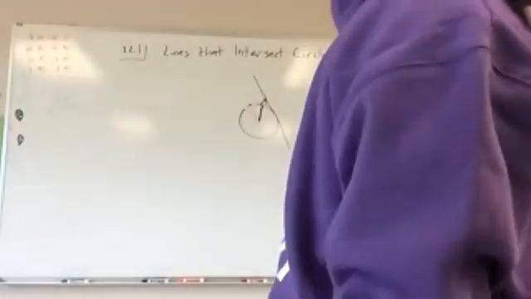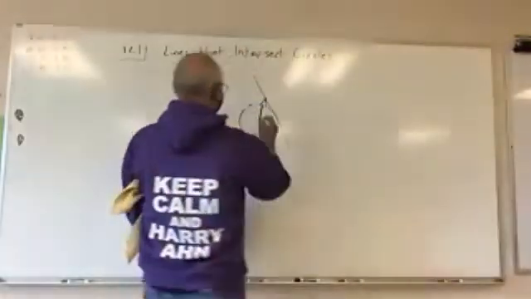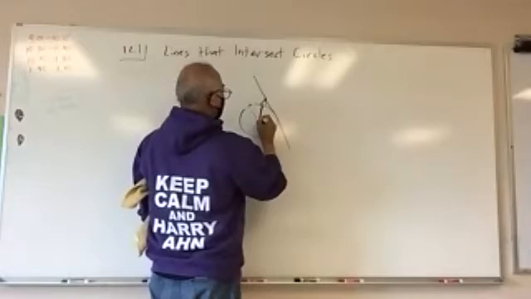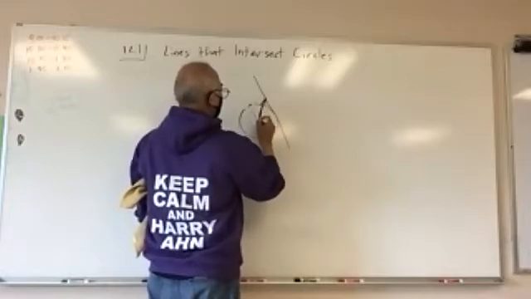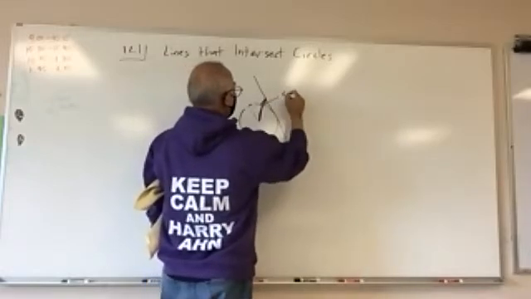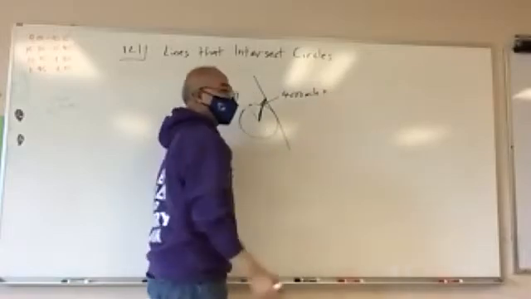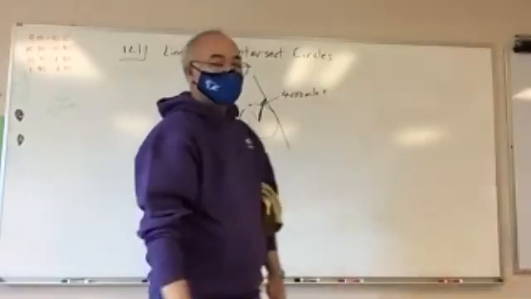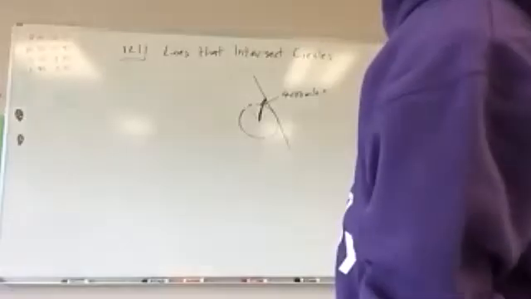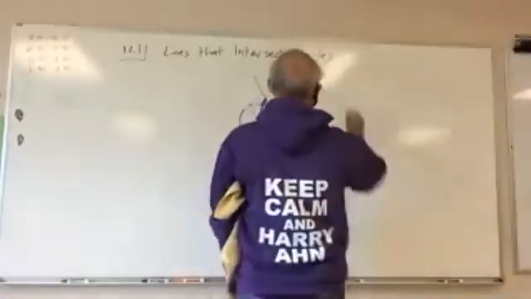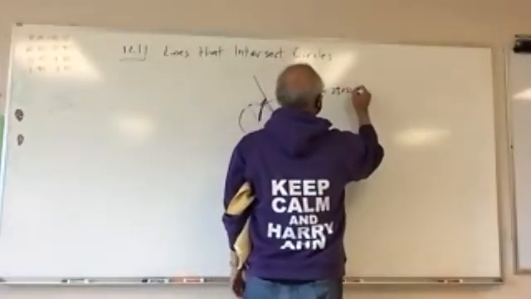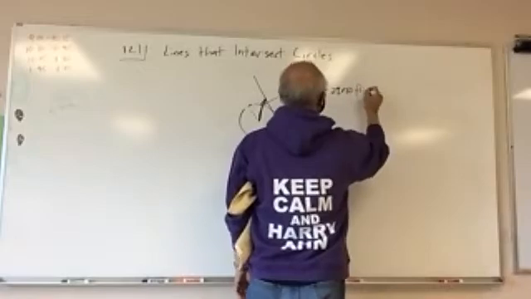It's 4,000 miles. So this is 4,000 miles. So from here to here is going to be 4,000 miles plus the height of Mount Everest, which was 29,000, not miles, feet.